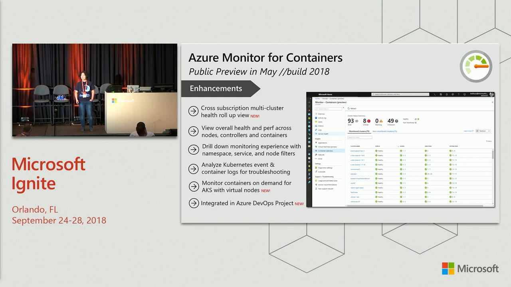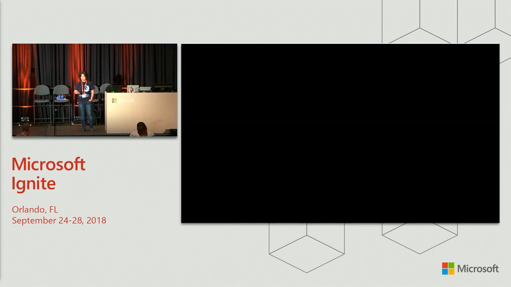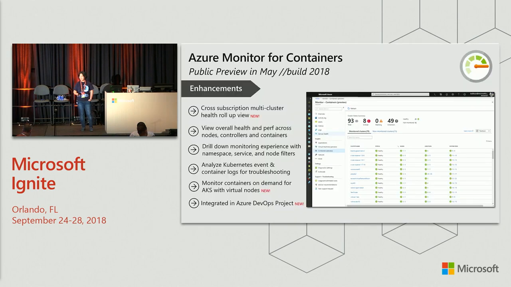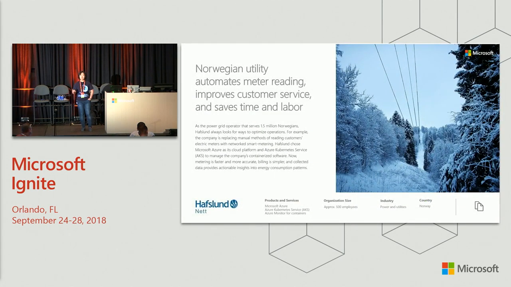Okay. So with that said, before we go into the demo, I wanted to quickly introduce you to a case study. We just launched that at Build, but we have a lot of serious customers that liked our product and created a case study for us, and there are going to be more coming up. Hafslund is the largest Nordic power company.